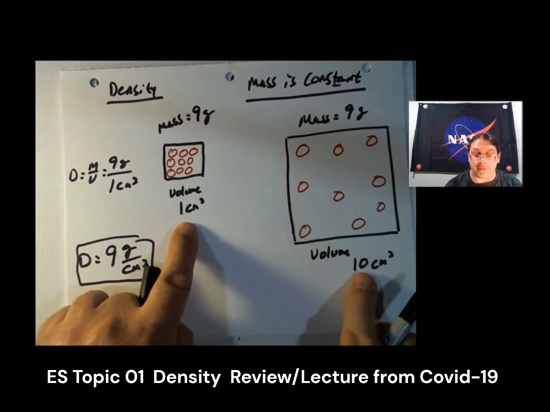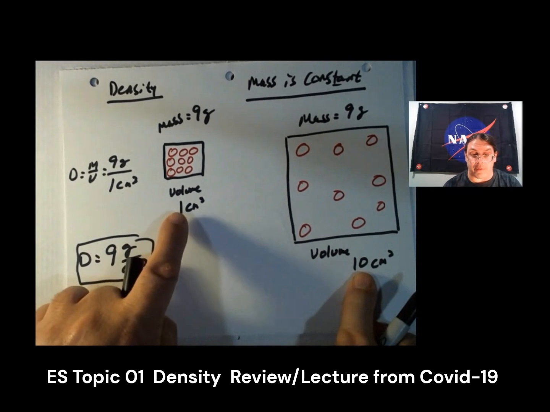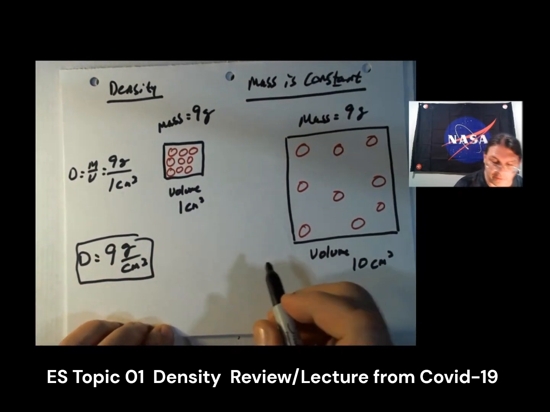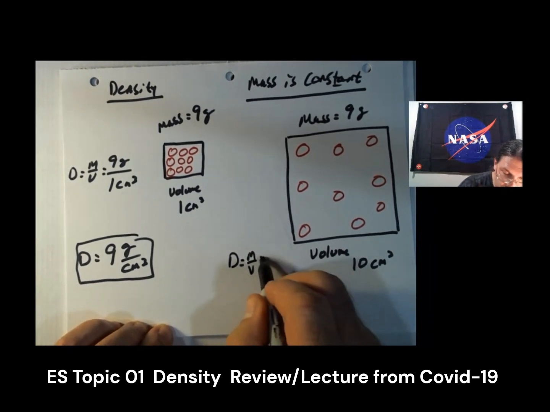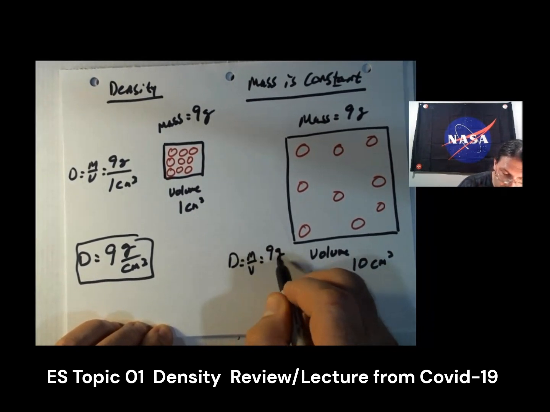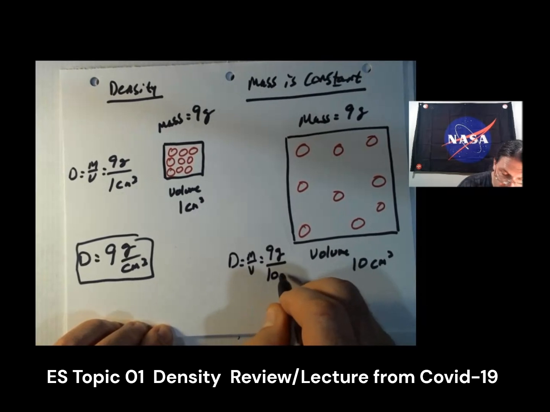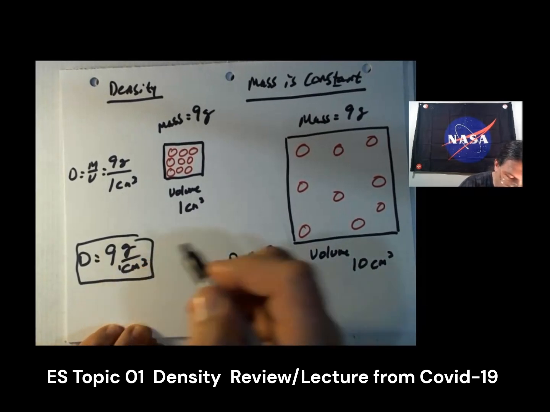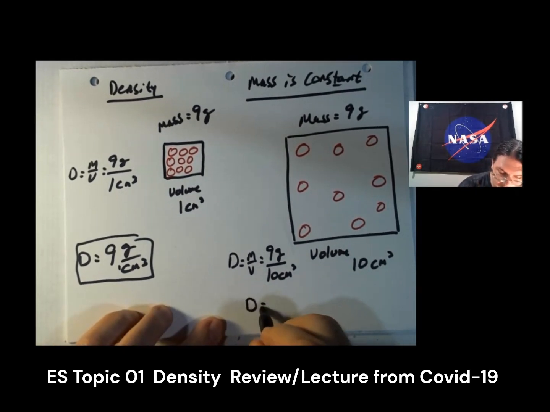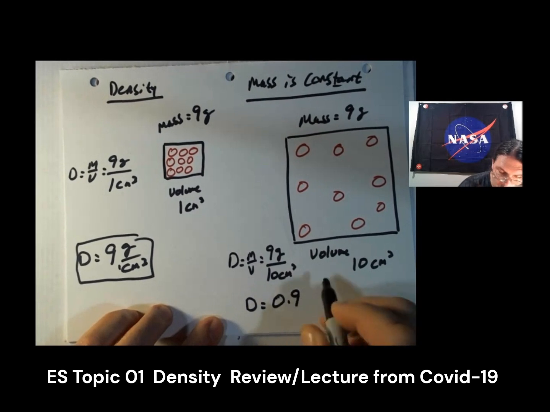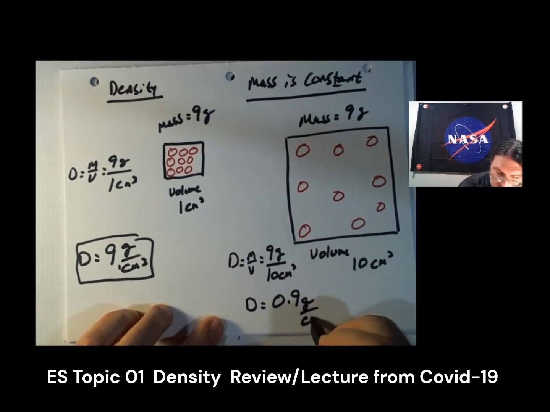But my volume changed. I increased my volume, went from 1 to 10. Let's find out the density. Density equals mass over volume. That equals 9 grams over 10 centimeters cubed. So now my density is 0.9 grams per centimeter cubed.